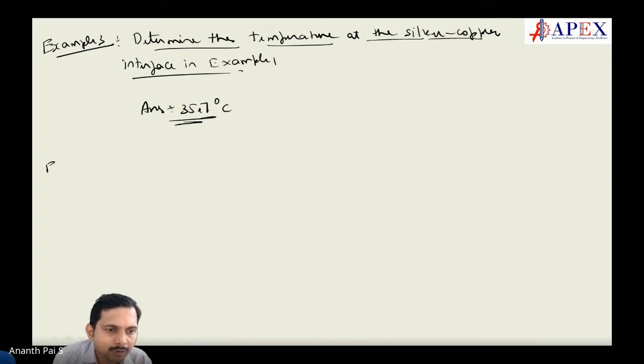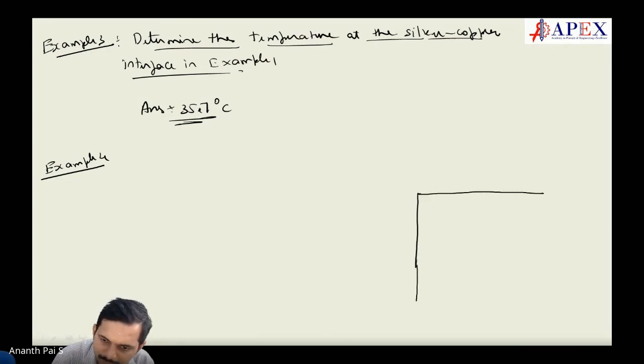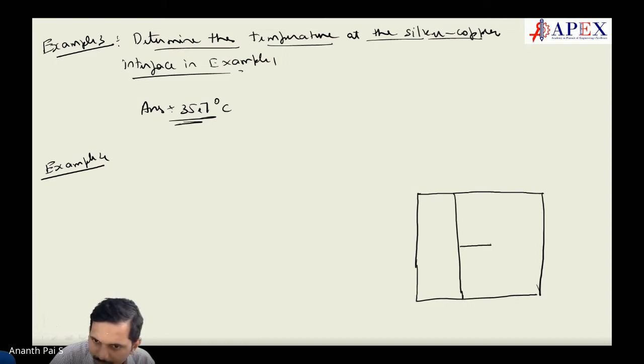Next, example 4. So this is K1, A1; this is K2, this is K3, and this is K4.